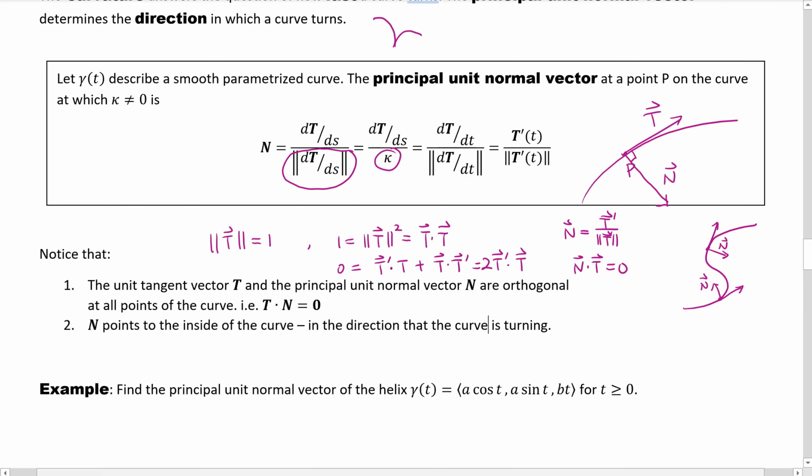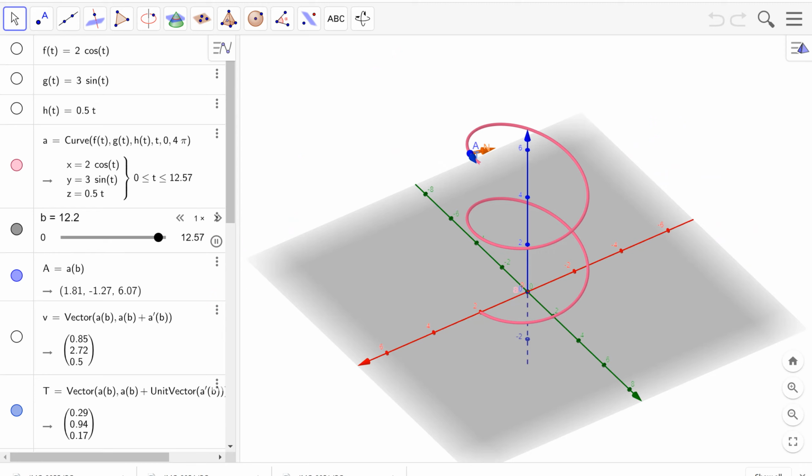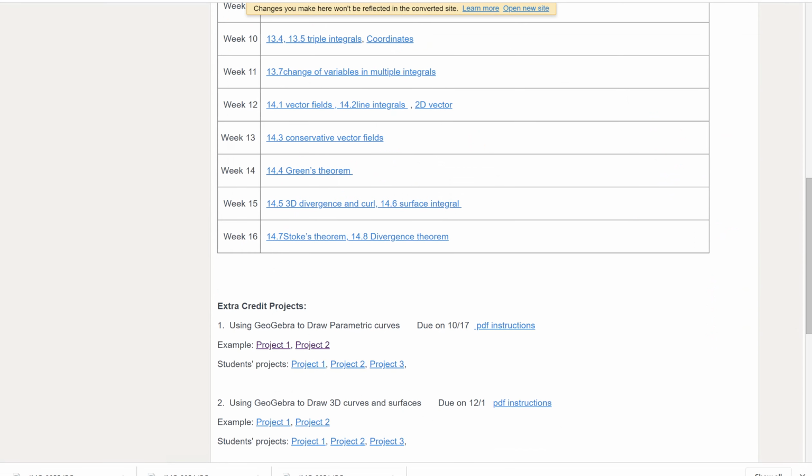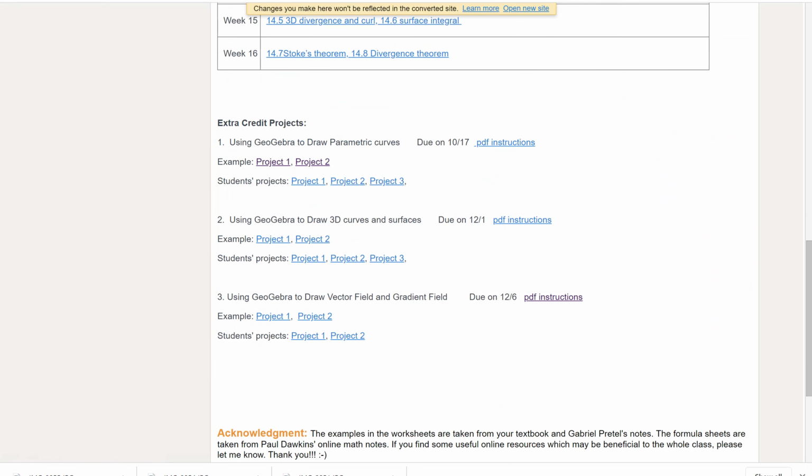So let me show you some pictures. On our course website, you can see we have 3 extra credit projects using GeoGebra. The first project is to draw parametric curves. The second project is to use GeoGebra to draw 3D curves and surfaces. And the last project is to use GeoGebra to draw vector fields and gradient fields. So here is the instruction.